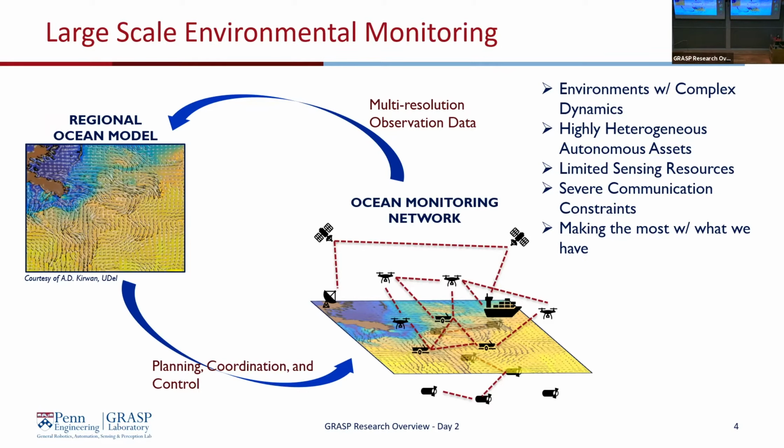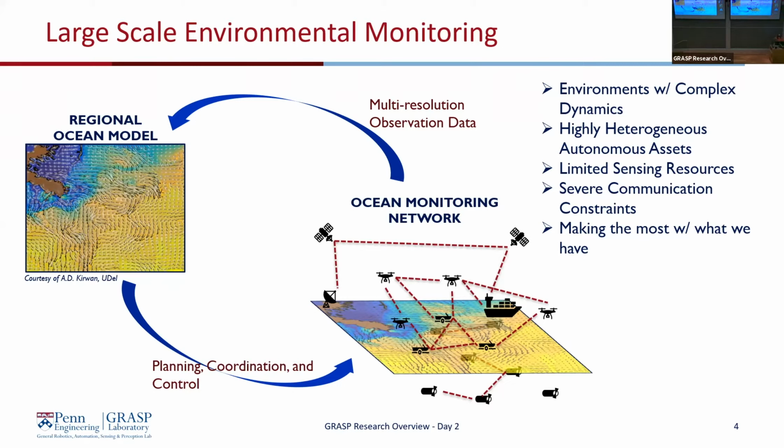And because these are very complex environments, deploying robots into these environments, there's all kinds of challenges. So how do we do this? How do we monitor the environment, collect the most informative data that we can, subject to significant resource limitations, like not having enough sensing resources all the time, subject to very severe communication constraints?